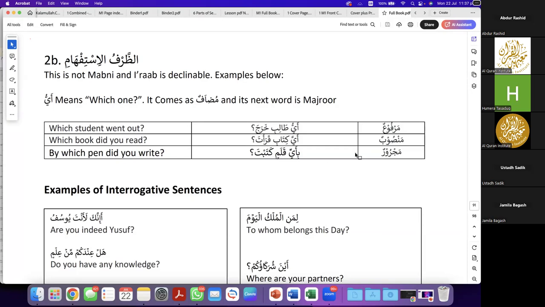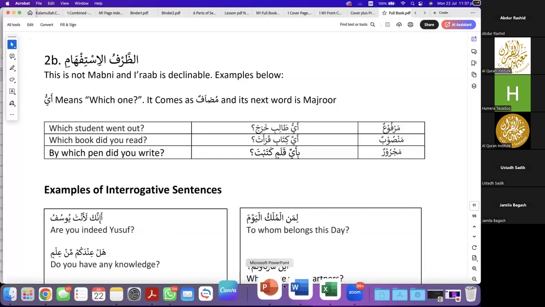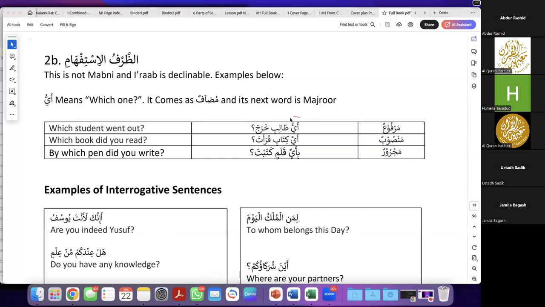All right. So remember the three categories of i'rab, we have marfu', mansub, and majrur. As we know, marfu' is often represented by a dhamma, mansub is often represented by fatha, and majrur is often represented by kasra.